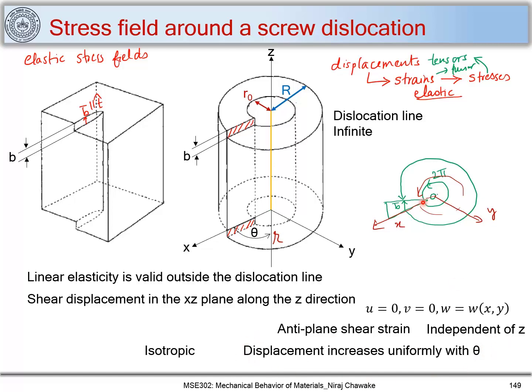So that's what we tried to do. Here we don't have any strain developed, or the displacement is 0. When I move by 2 pi, at this location I have a displacement by a Burgers vector along the z direction. So for an isotropic material, we can consider that this displacement increases uniformly with theta.